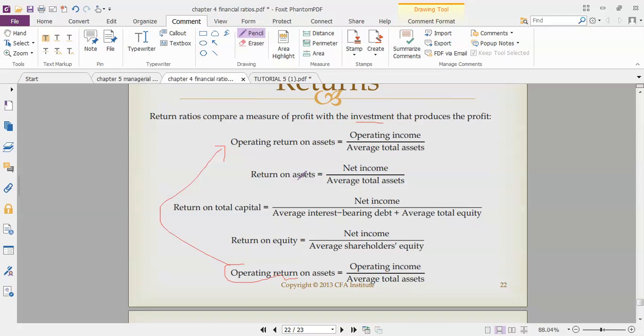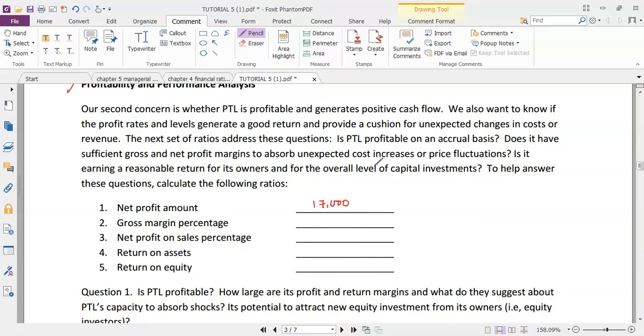Okay, what is the formula using net sales divided with average total asset. Okay, return on asset is equal to net sales divided with average.